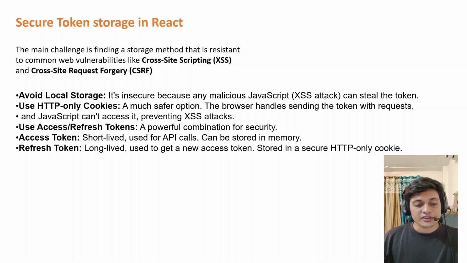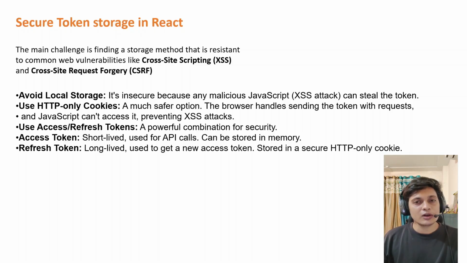Using access and refresh tokens. We need to use two types of token, access token and refresh token. What are these? Access token is something which will give you access to that particular functionality. It will have a very short life. And there is a refresh token.